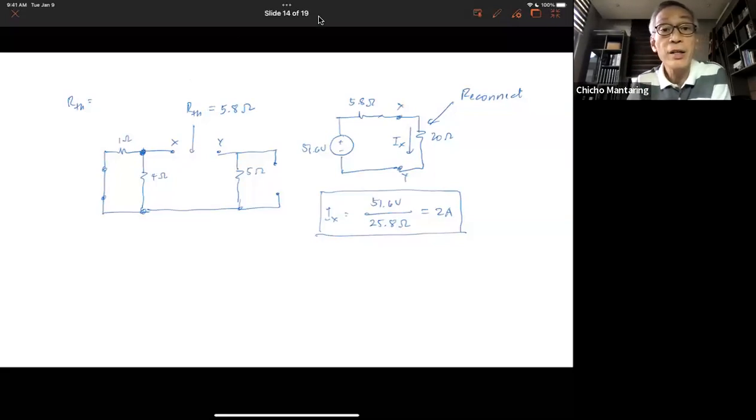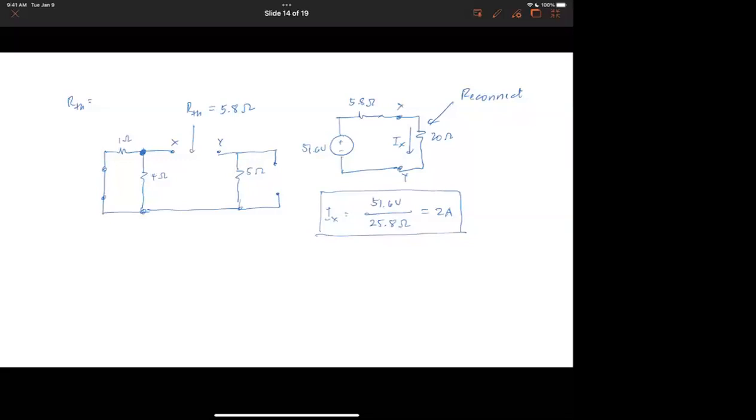Did that answer the question? Who was the one that asked? Si Ruben? Okay. So again, you're going to have to hone yourself in detecting what are in series and what are in parallel. Yeah, Romeo, may tanong ka?